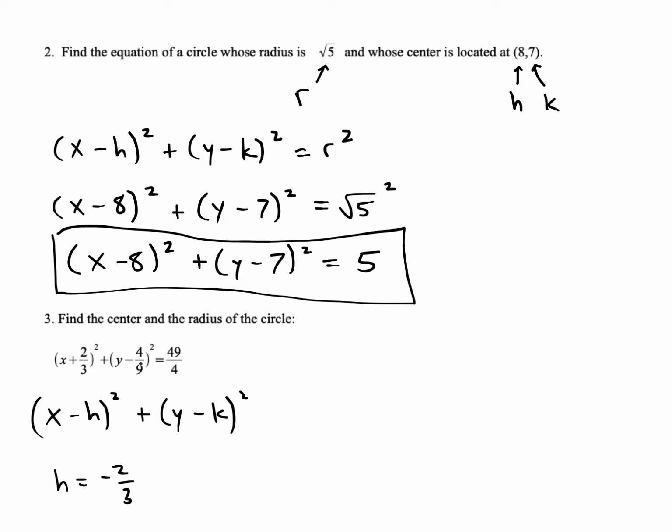But for our k value, our k is just 4/9. We have subtraction in the circle formula, and we have subtraction in our standard form. So k is 4/9.